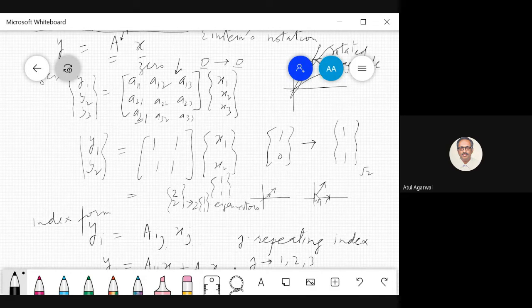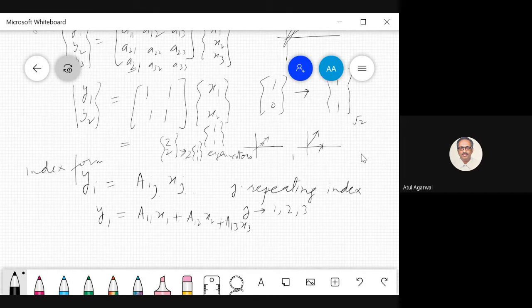The same thing has been explained by this rule. So this is a rule coming from the matrix equation y is equal to Ax. In component form, you can expand it like this.